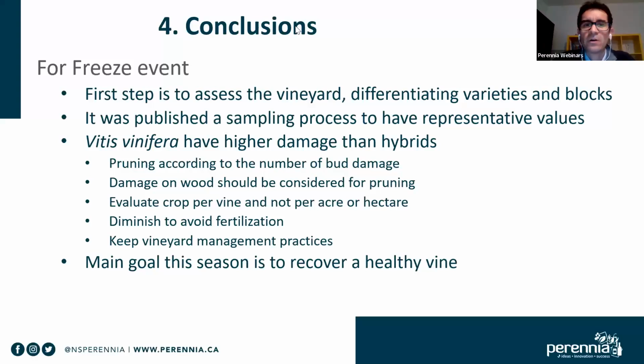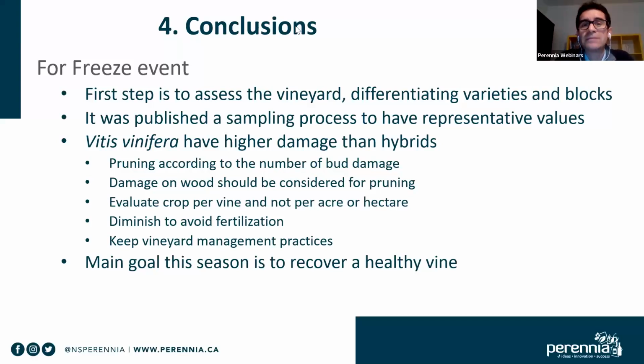Thank you. From Steve: will general vine health have an effect on how fast a vine will recover? Yes, it will have an effect, Steve. A weak vine will have more issues recovering. For example, if we have a vine with a considerable amount of crown gall, or a big amount of fungal diseases in the previous season, and the plant was already weak and had green shoots, it will be slightly more difficult to rebuild that plant.